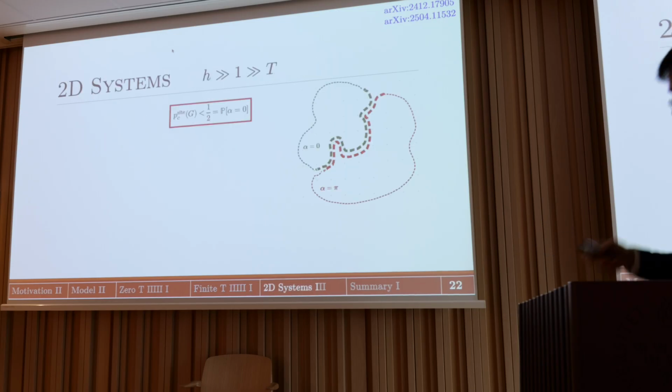Okay, so 2D system. Why didn't I care about 2D systems in this talk? Well, of course, there's the BKT. But another reason is because I needed my green and red clusters to percolate. Excuse me, yes, a question. If your broken symmetry is Z2, what BKT are we talking about?